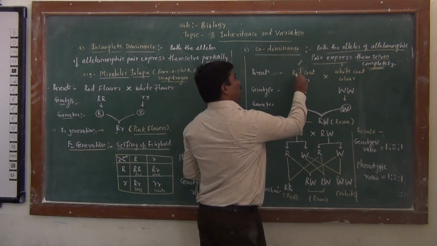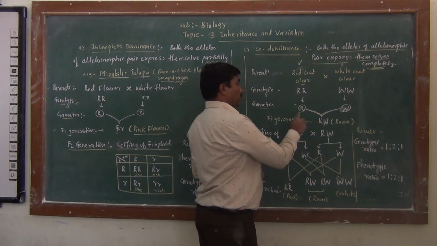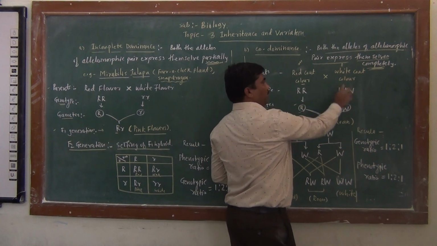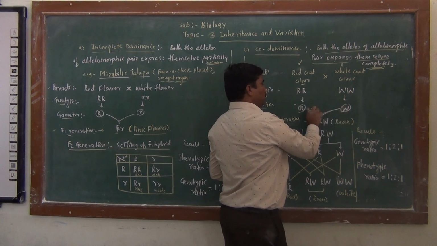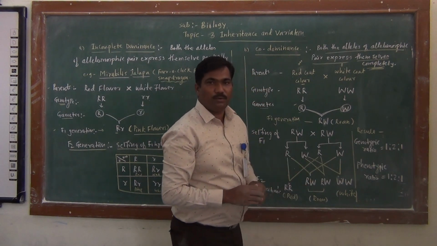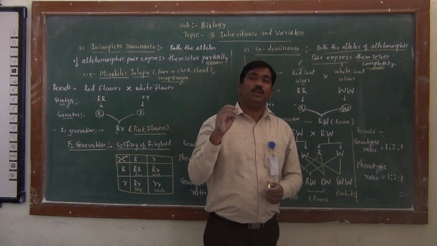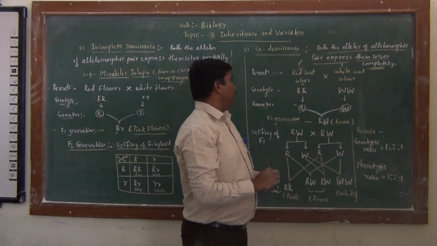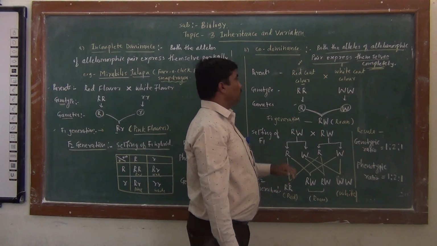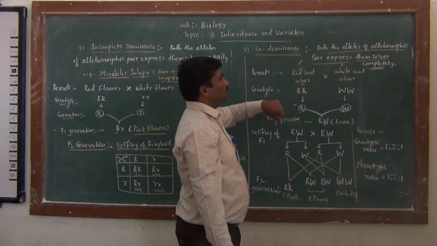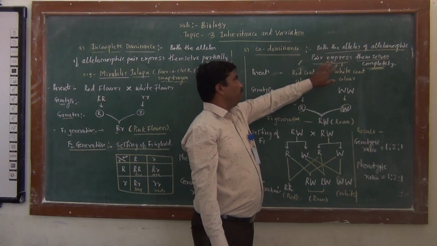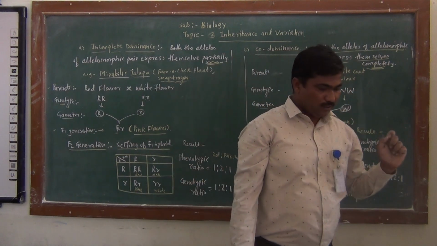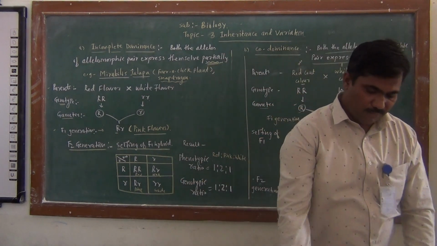The gene controlling red is capital R, and the allele controlling white coat color is W. Whenever these two genes come together, they both express equally in the F1 hybrid. Both allelomorphic pairs express themselves completely, or equally, in the F1 hybrid.